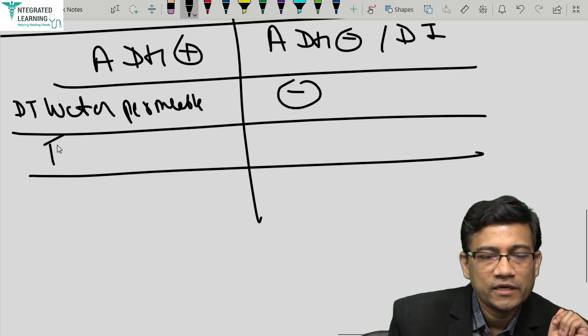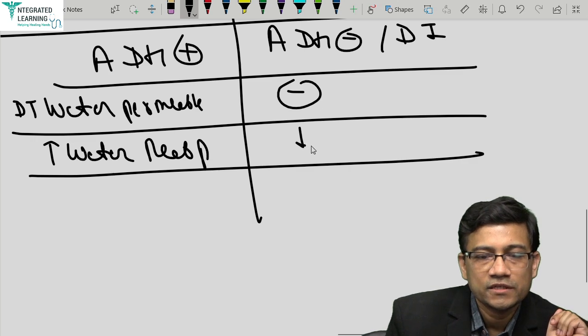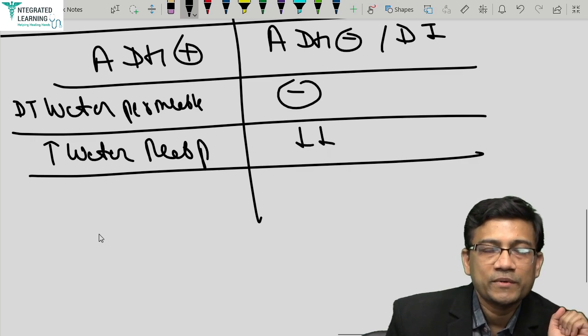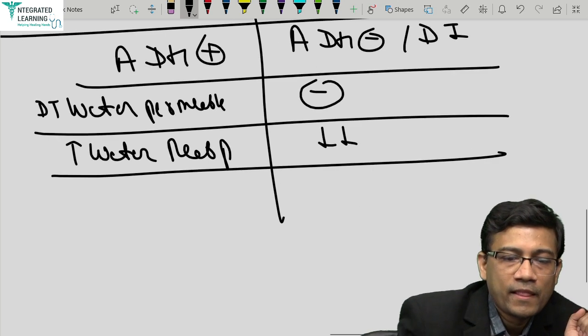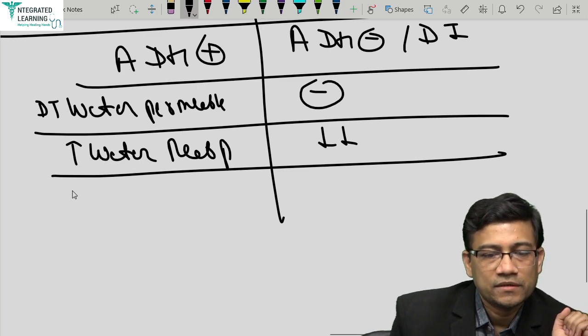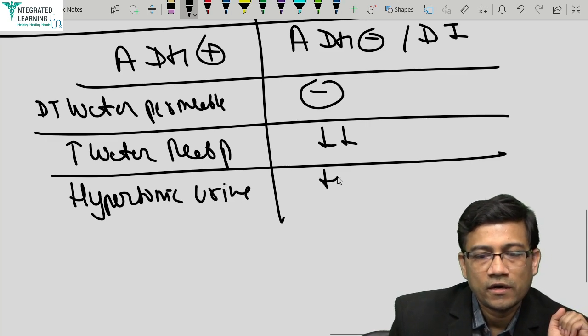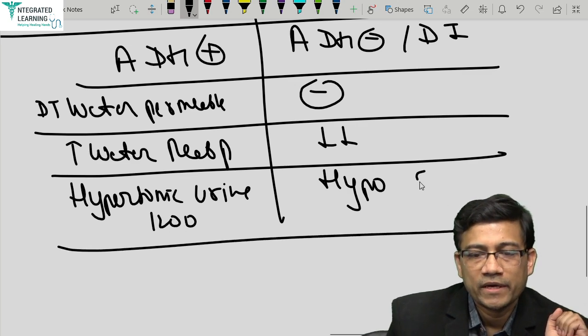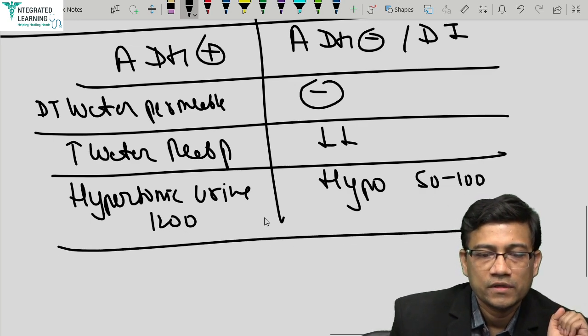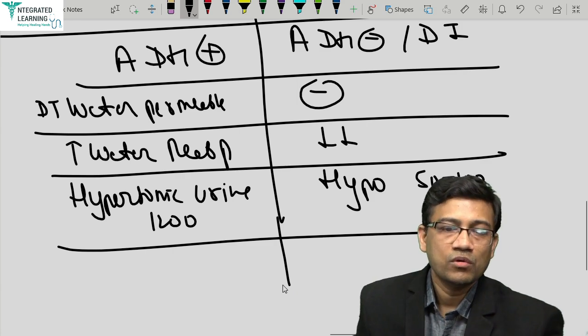So what happens? Increase water reabsorption, here it is decrease. So what happens to urine? It becomes hypertonic, here hypotonic. How much? 1200, here just 50 to 100, okay, 50 to 100.